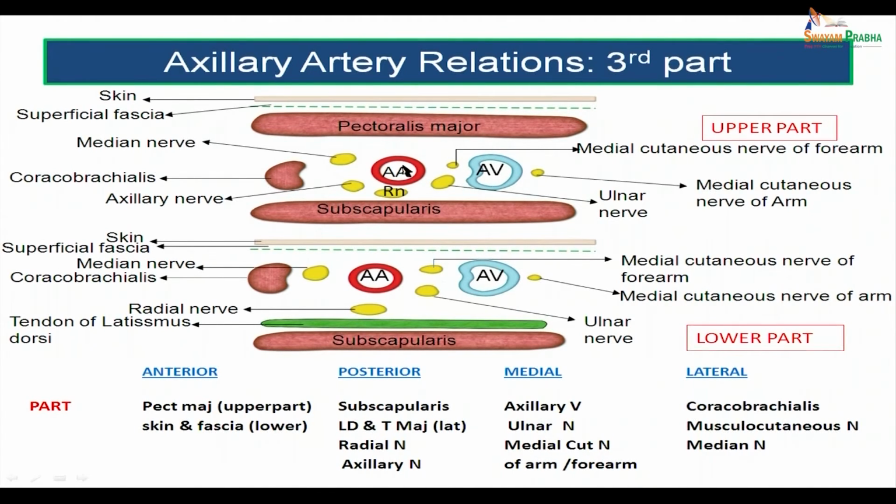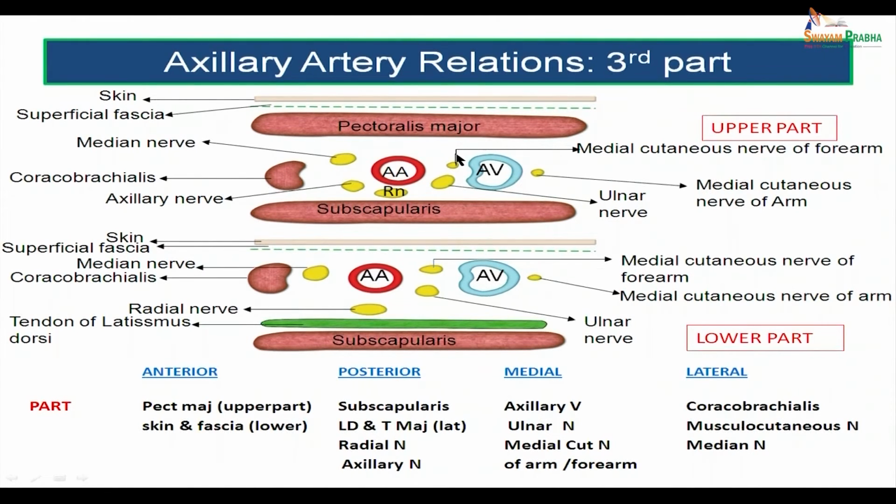So, the anterior relations of the upper part. The anterior relations in the upper part are skin, superficial fascia, pectoralis major. Then posterior relations are subscapularis and the radial nerve. The medial relations are the axillary vein, and medial to the axillary vein we have the medial cutaneous nerve of arm.